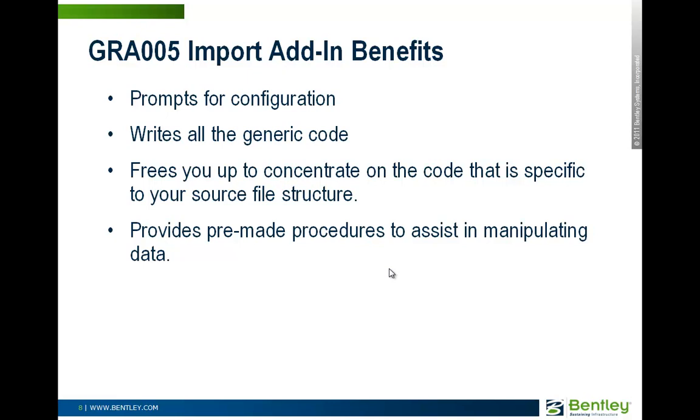Your only task here is just to read that data and then write it to a file format that GINT can read. The code architecture does a lot of the groundwork for you, and we also provide a number of pre-made procedures that can help you with data manipulation and other tasks.